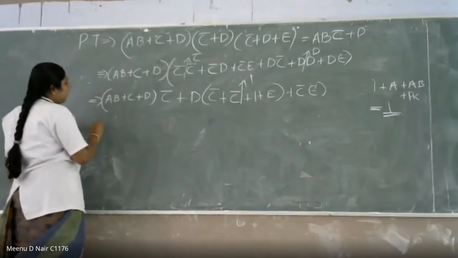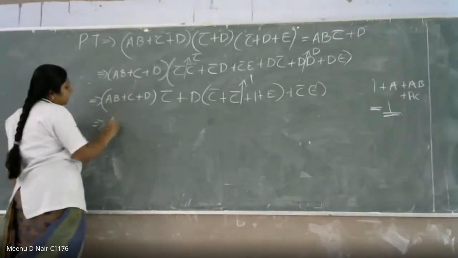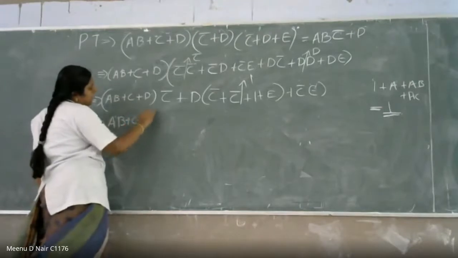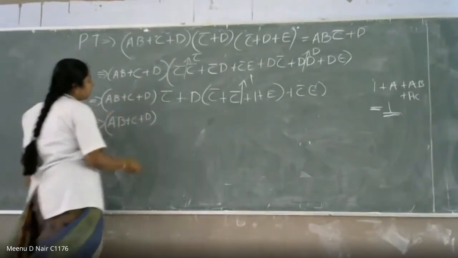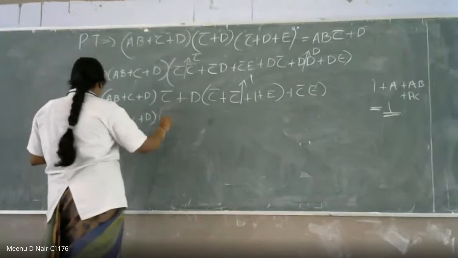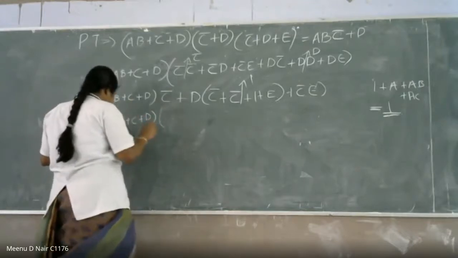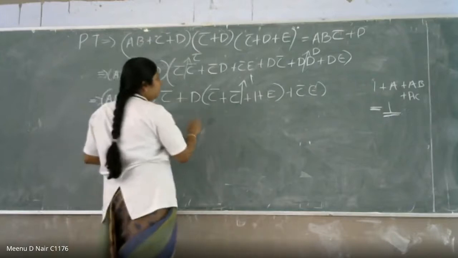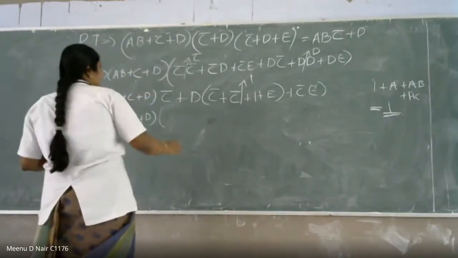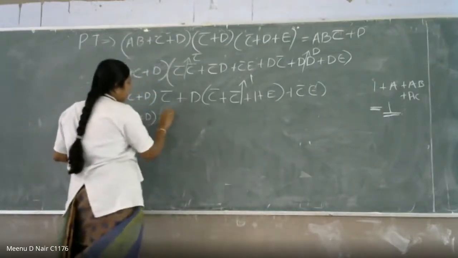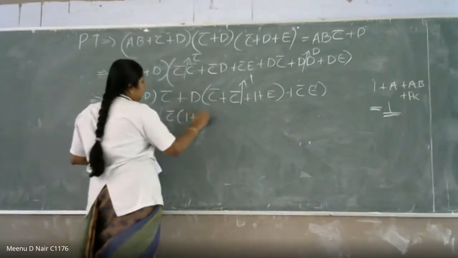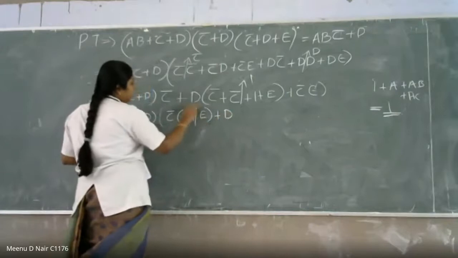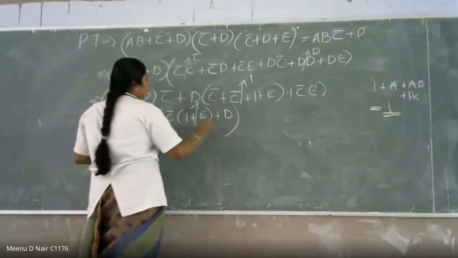So you can write the expression again: AB C plus D into, now what you can take common outside is C bar. Okay, C bar into 1 plus E plus D. So this term again will be equal to 1. Okay.